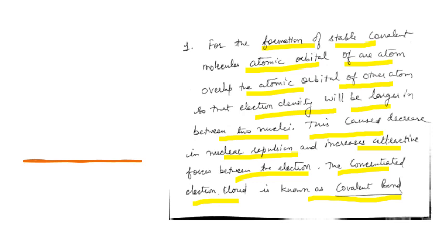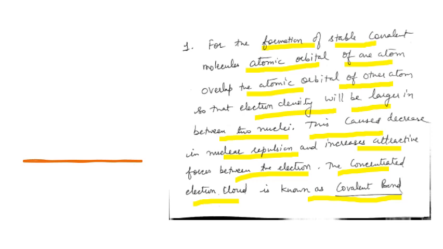So this is how VBT explained the covalent bond formation. It says that the atomic orbital of one atom, in which the valence electron goes on overlapping with another orbital, has a concentrated electron density between the two nuclei, which decreases the nuclear repulsion and increases the attraction, so that the energy is minimized and the bond formation takes place.